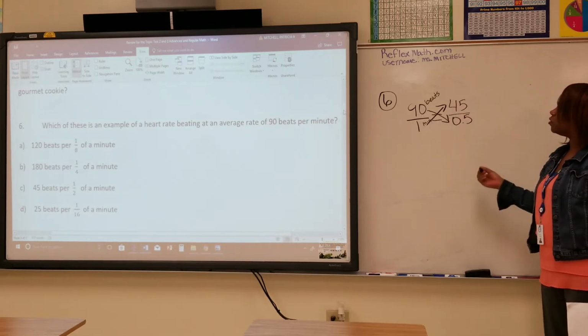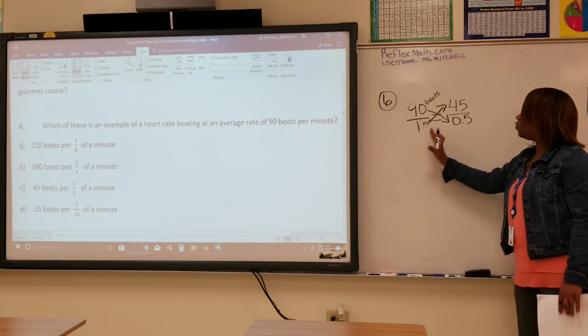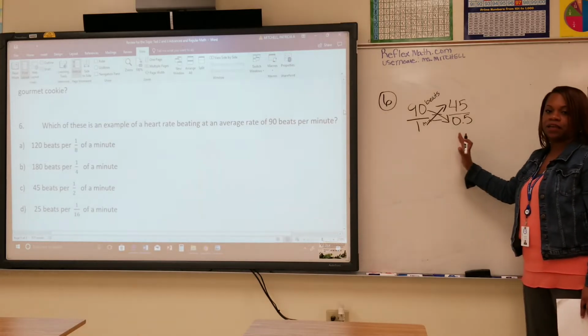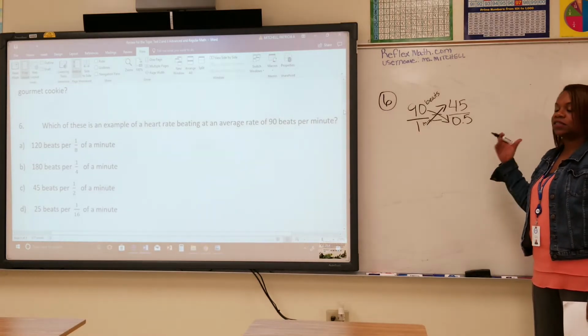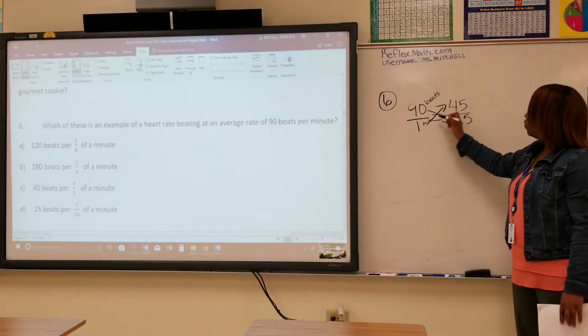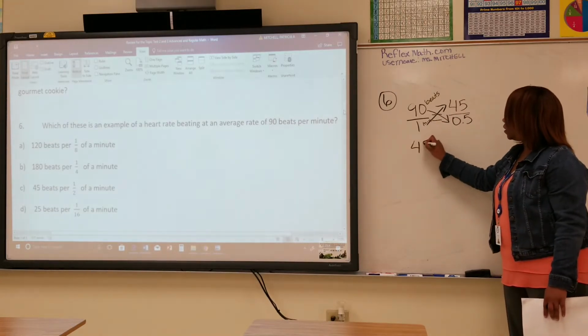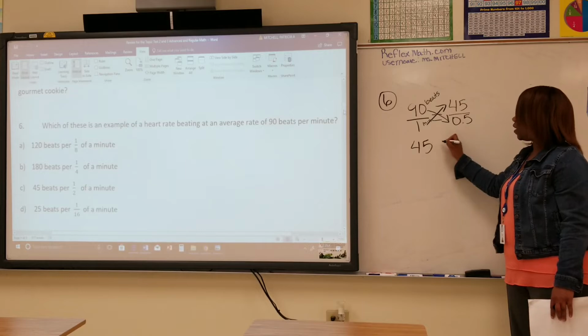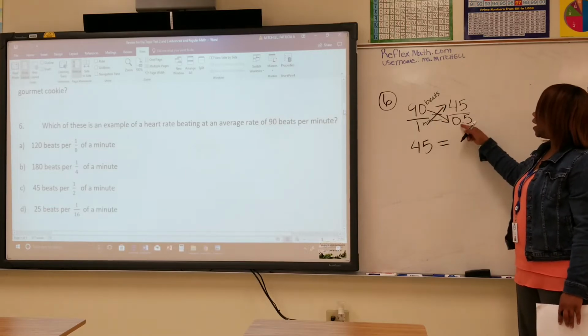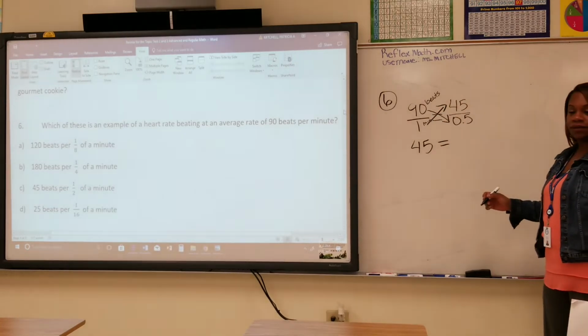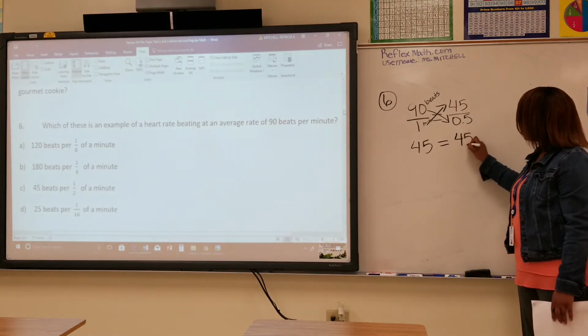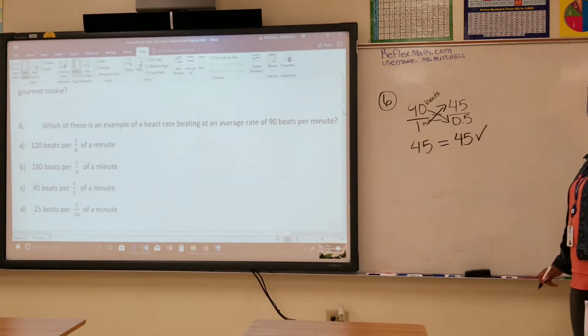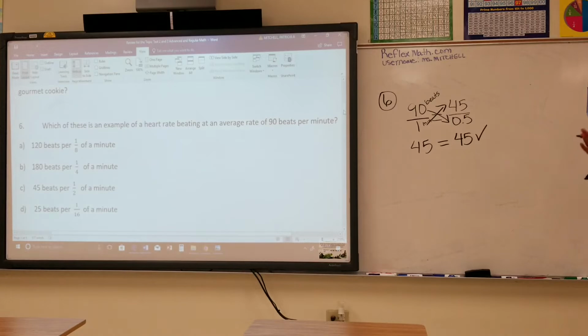And when we cross multiply, we should get an equal answer on both sides, meaning that each side should say the same thing. 45 times 1 is 45. 90 times 0.5, guess what? It's 45. So it checks. So the answer would be C.